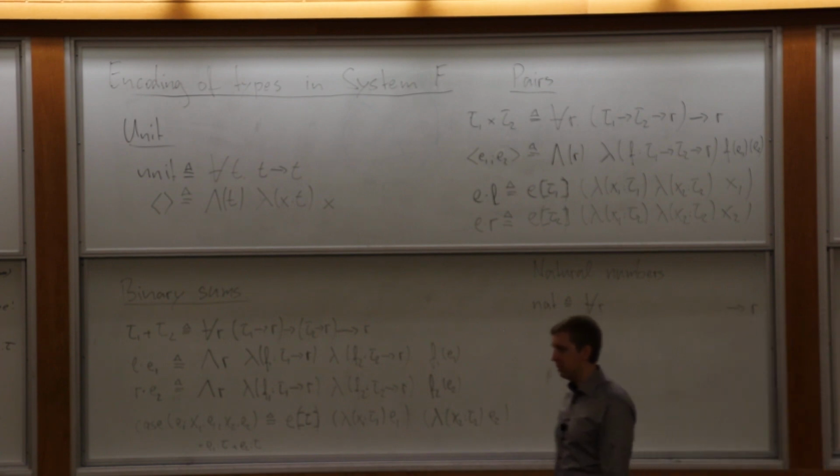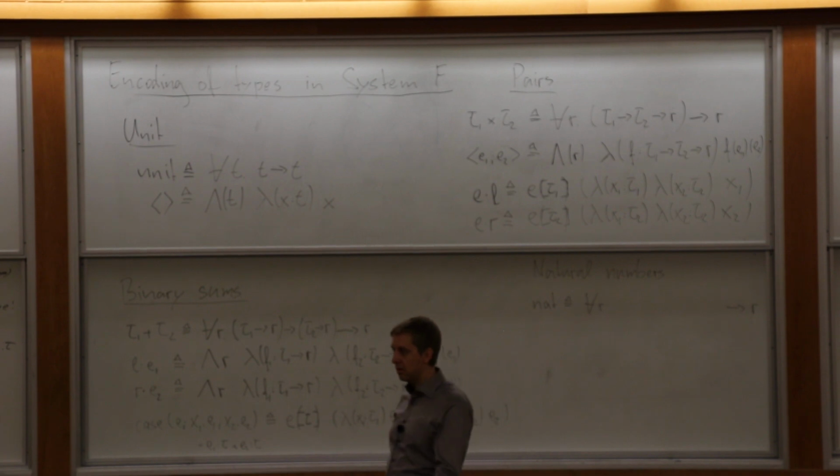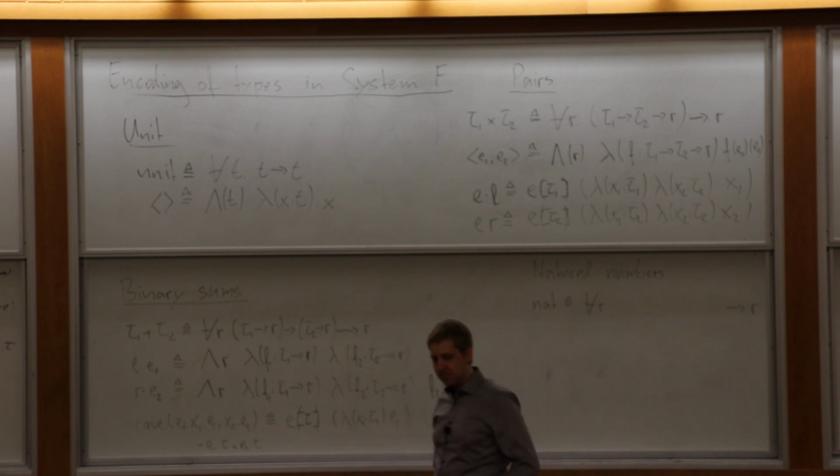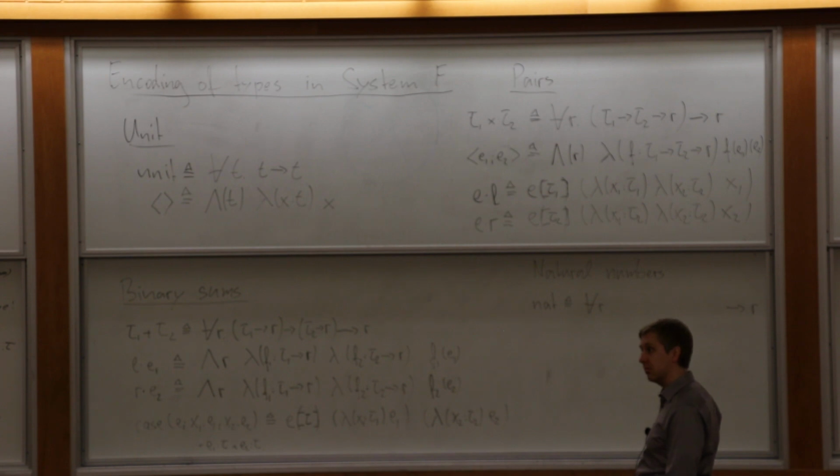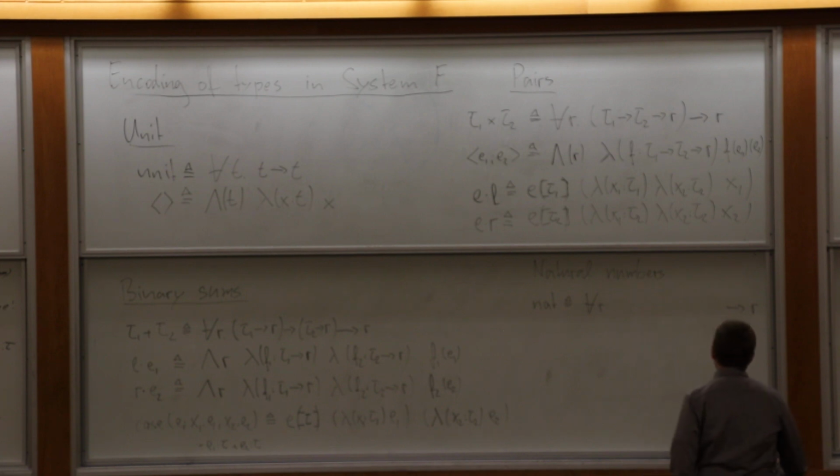Do you have to recurse, like pull out a mu, because nat is a recursive type? Right. So how many constructors does it have? Two. Okay.